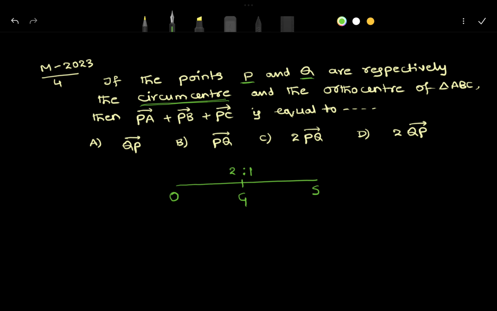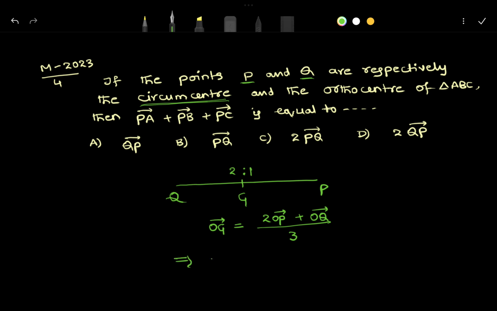So you take O as Q and S as P. According to the section formula, you can write the position vector of G, OG bar, is equal to 2 into OP bar plus OQ bar, whole divided by 2 plus 1, that is 3. So I hope everyone is clear on this value.